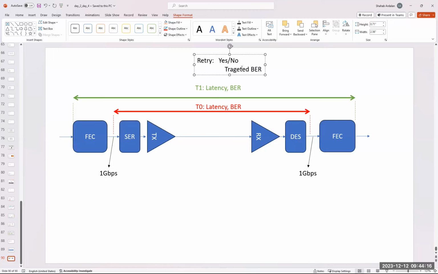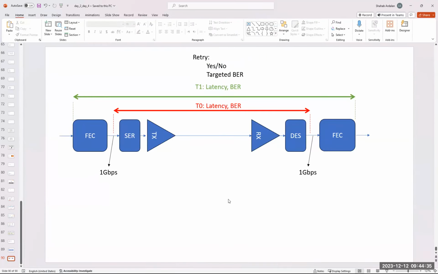But you do need to make sure that the CRC is in the latency. Yeah, I think to me, CRC and retry go together. Exactly. You have the latency of the CRC, both the encoding and decoding.